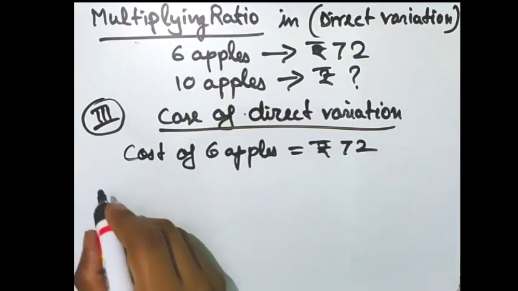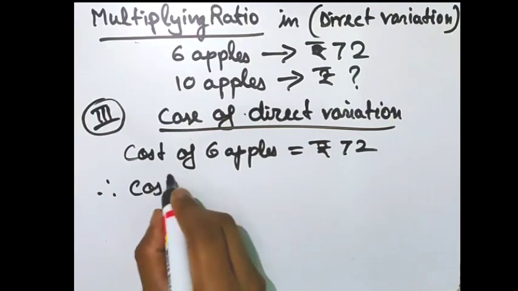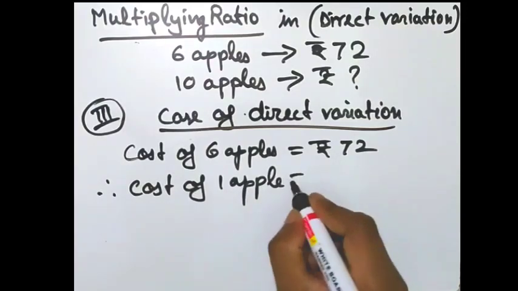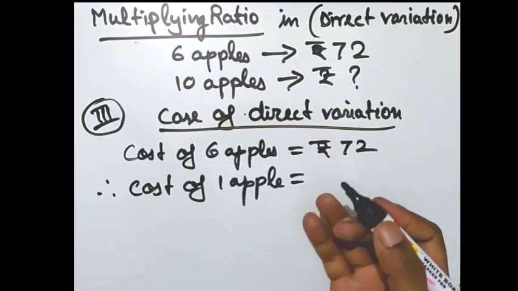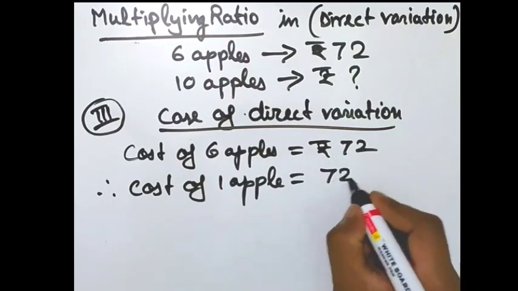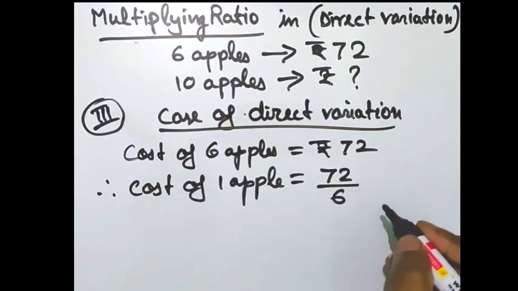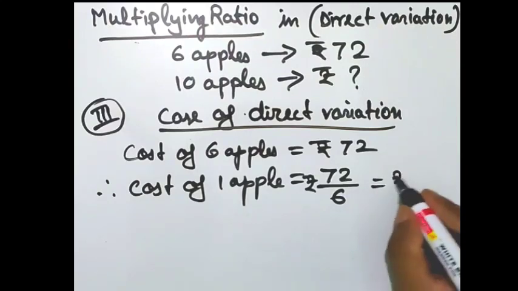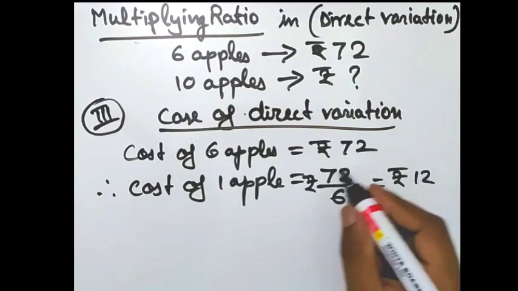So you will find the cost of 1 apple. The cost of 1 apple will be less, that means 72 by 6 rupees, which is equal to rupees 12. 6 12s are 72.